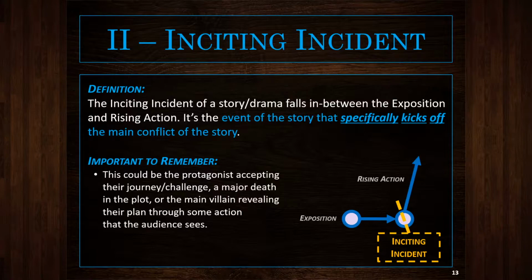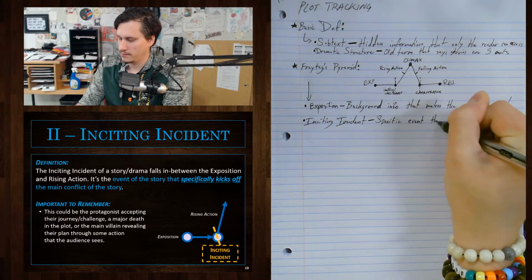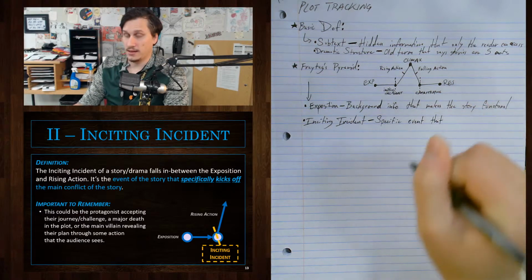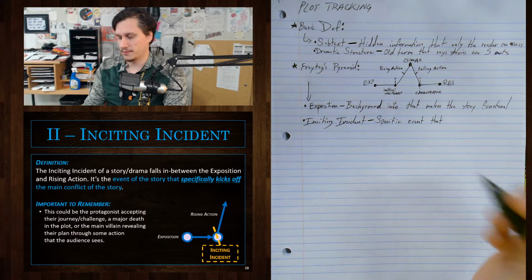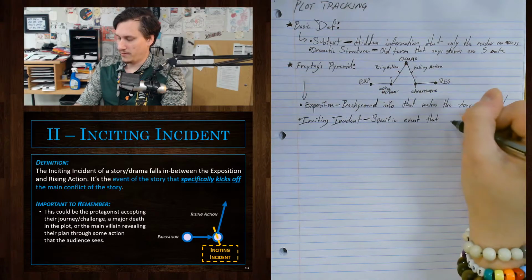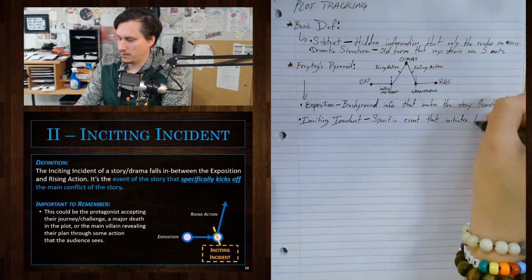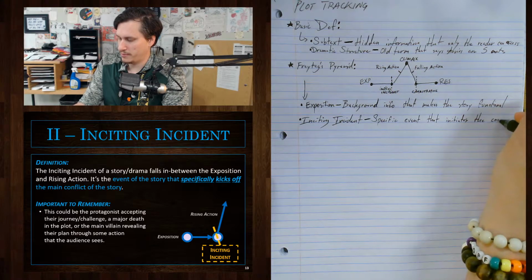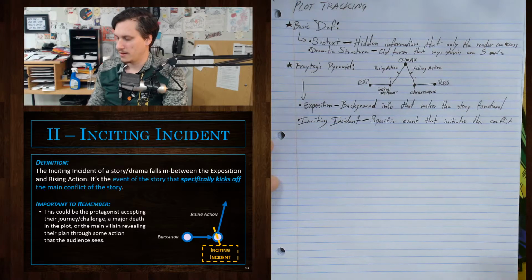Once again, that is the specific event that you could say initiates the conflict, that starts the conflict, that kicks off the conflict. It's all the same thing. Specific event that initiates the conflict. I'm going to use big words this time. I didn't use big words with my students. Okay.